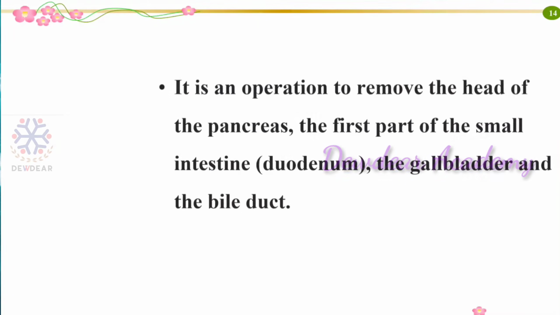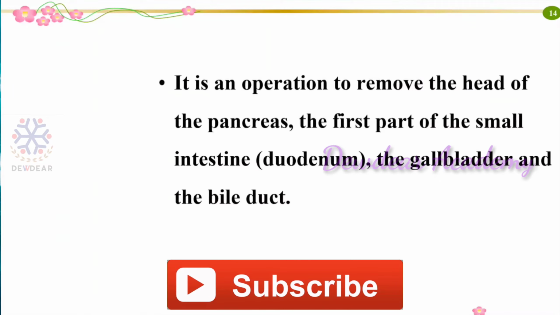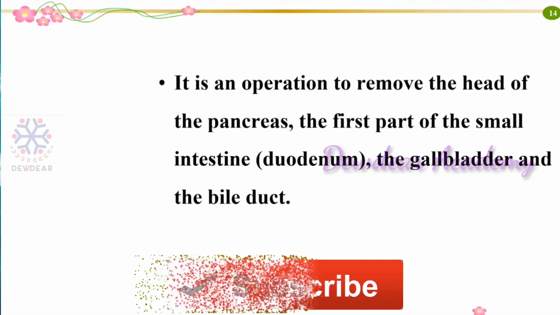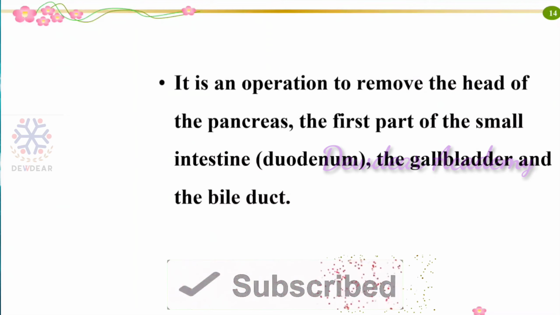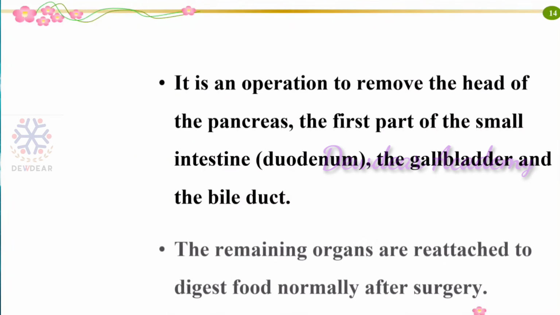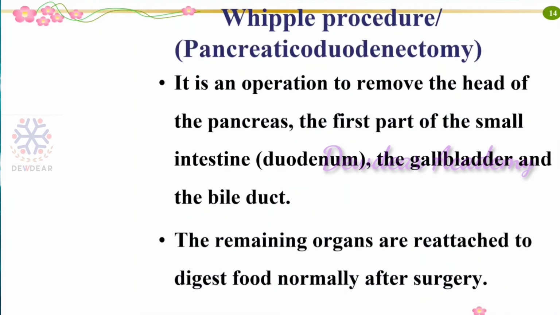It is an operation to remove the head of the pancreas, the first part of the small intestine, that is duodenum, the gallbladder and the bile duct, and the remaining organs are reattached to digest food normally after surgery. So this procedure is known as Whipple's procedure.